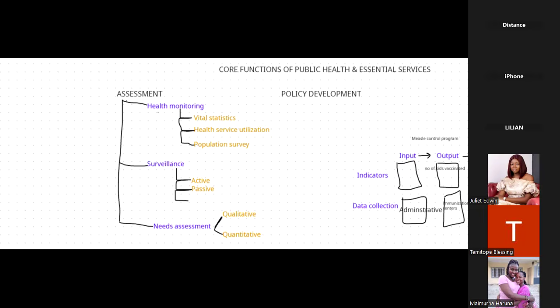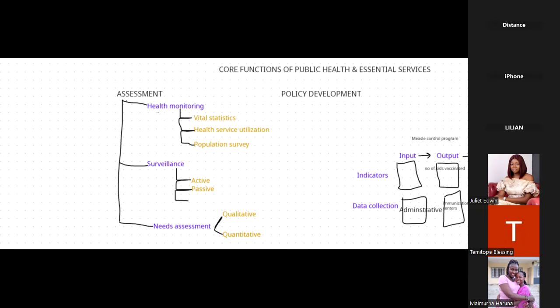In passive surveillance, we are basically in our offices as public health practitioners, and we'll be receiving data, maybe from laboratories or hospitals, saying we are seeing this number of measles cases. That's passive. You stay where you are and the report comes to you. That's passive surveillance, okay?